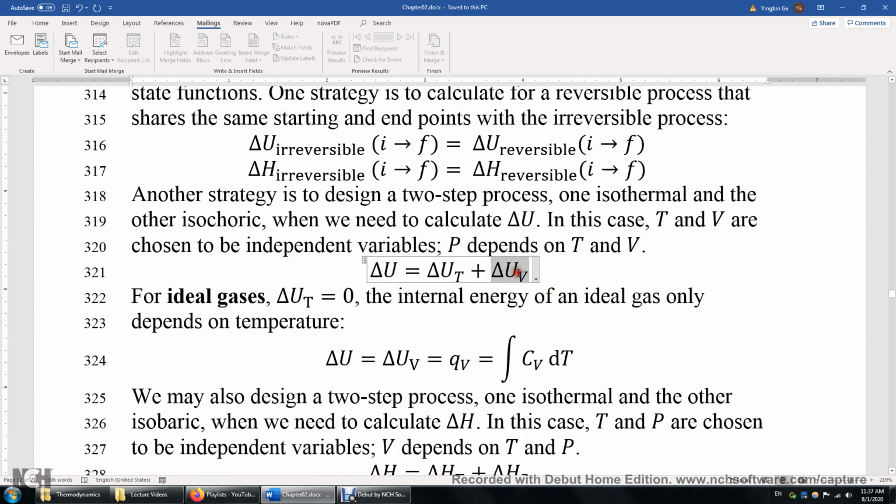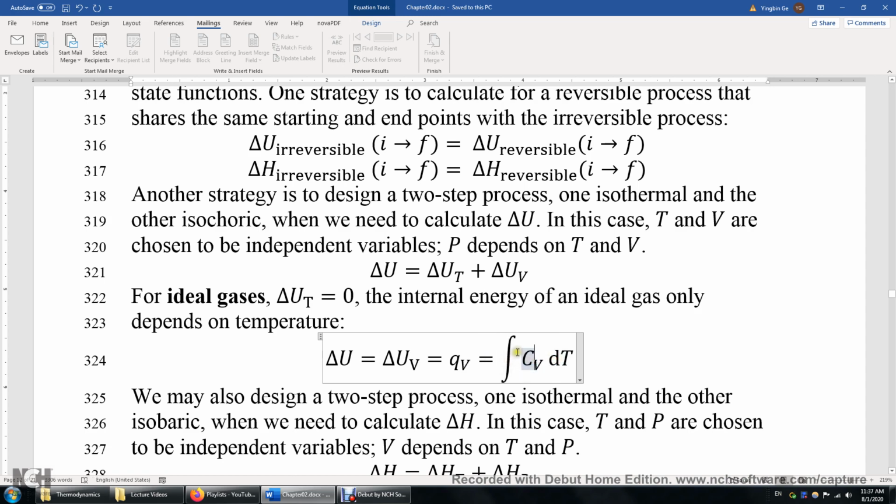How about delta U sub V? Well, in this case, the volume is constant, that means work is zero. Delta U sub V is Q sub V. Q sub V is simply the integral of the isochoric heat capacity dT.